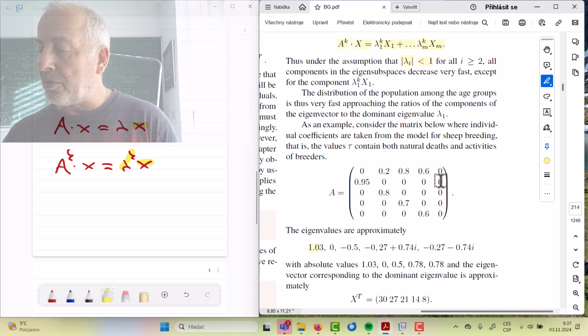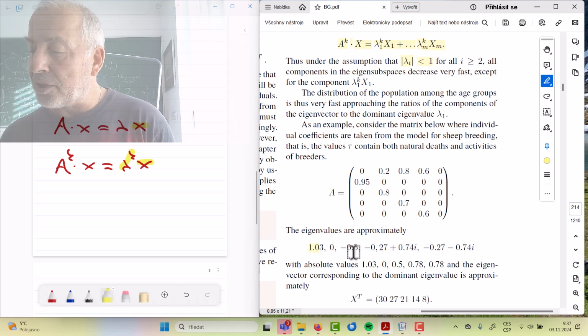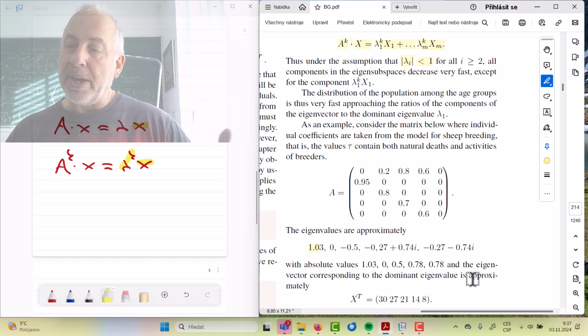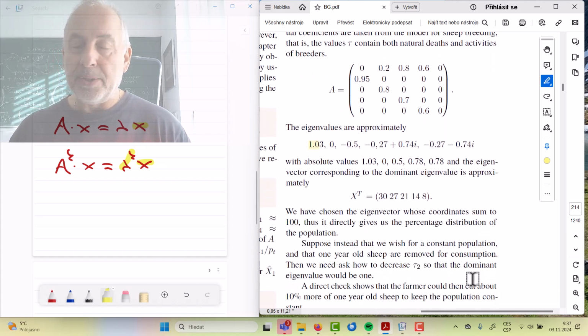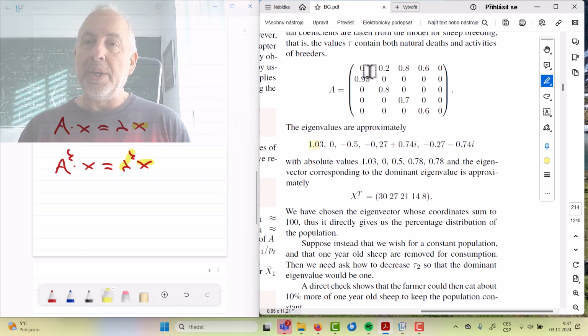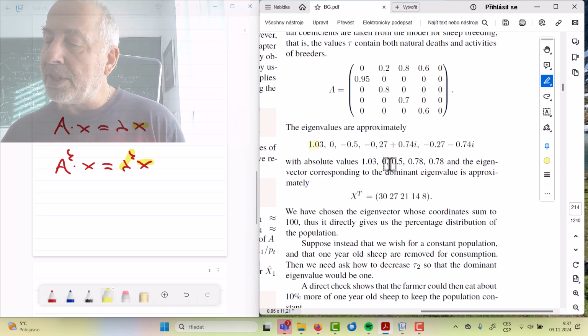There will be one eigenvalue of 0. That's clear because you have this 0 column here, and all the other ones are in absolute value strictly smaller than 1. So the absolute values are here. You see that if you iterate, the relations in the cohorts will approach quite fast the relations in the dominant eigenvector.